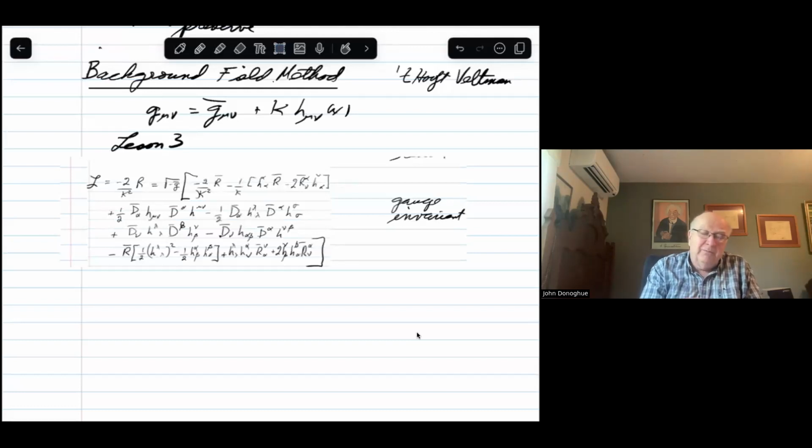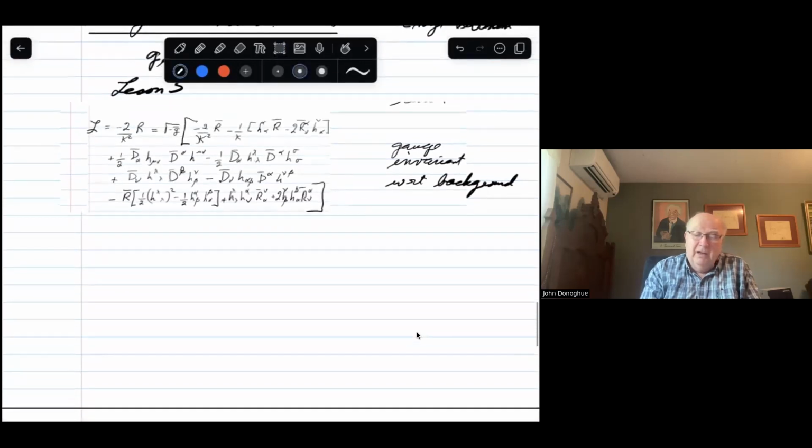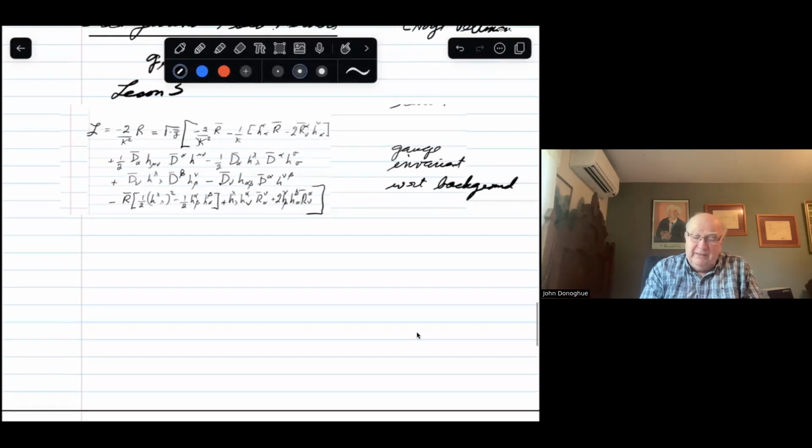And the crucial part that I'm after here is that it's gauge invariant with respect to the background field, or generally coordinate invariant if you prefer. This will tell us that our results will be generally coordinate invariant.